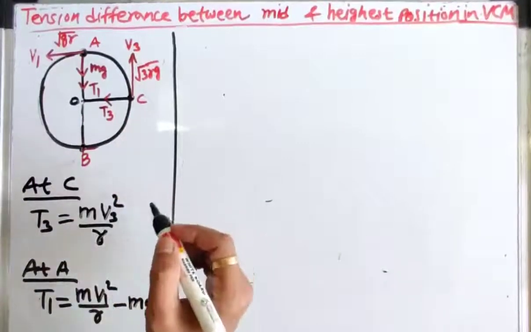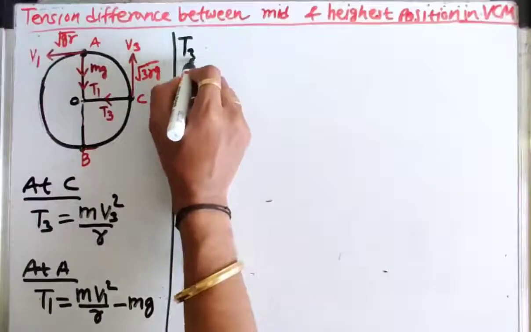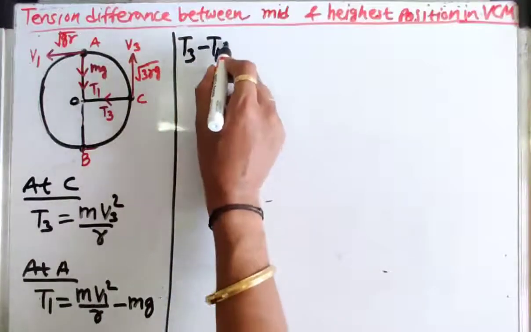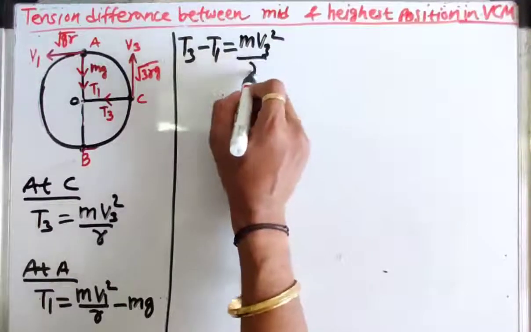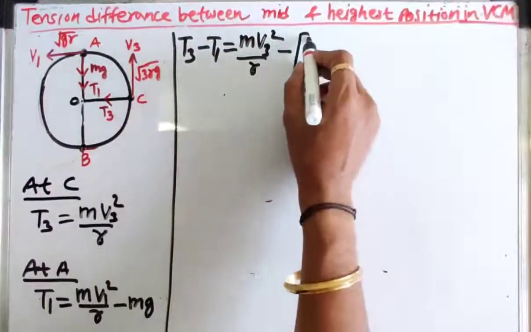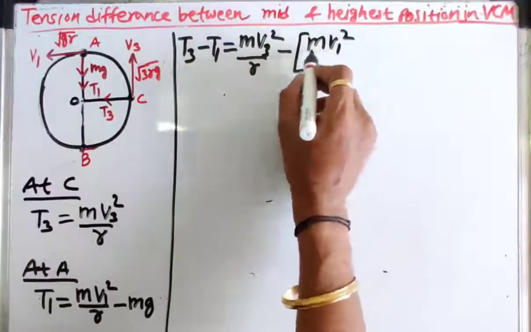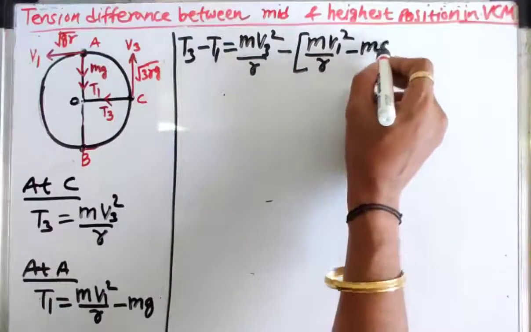Therefore, for finding this tension difference, we can write T3 minus T1 is equal to mv3 square upon r minus, into bracket, mv1 square upon r minus mg.